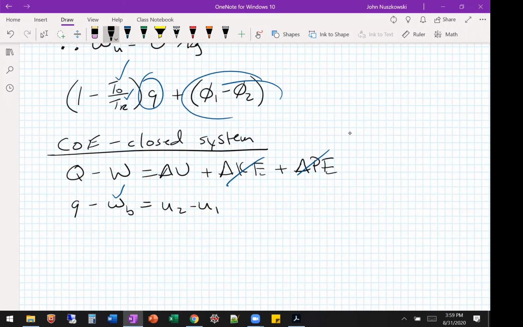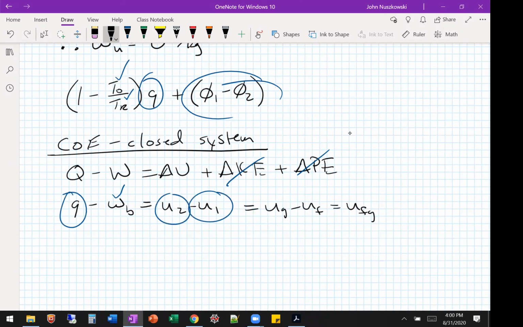So to get heat transfer, we just need U1 and U2. Well, U2 minus U1 is UG minus UF, which is UFG.